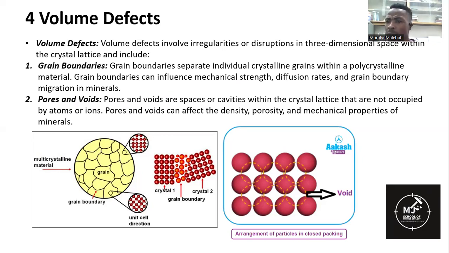For example, if we've got so many pores, it will have less density. But if we reduce these pores, let's say because of the weight of the overlying pressure, like in sedimentology, what are you doing?